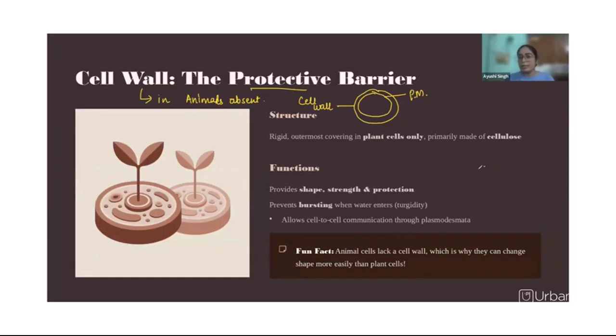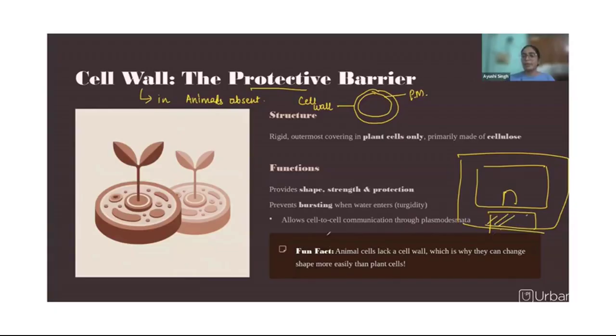If your house has this gate, some of the houses have one more boundary and a big gate. And that boundary is sometimes covered with glass on the top or some wiring so that nobody enters inside the house premises. So the function here would be to provide shape, strength, and protection.